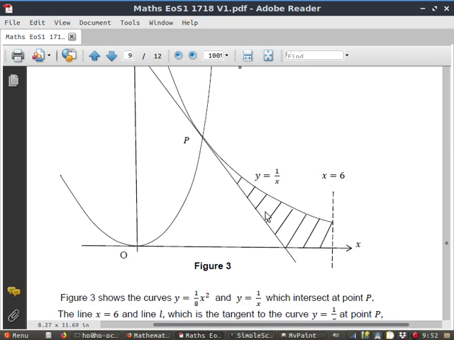So on the left here, it's integrate f minus g. And on the right here, it's just integrate f. So there's 2 integrations here. Actually, you can integrate from P right, and then minus the area of the triangle. Yes, you could do the whole integration under this and then find the area of this triangle.